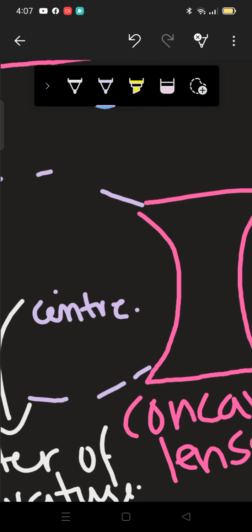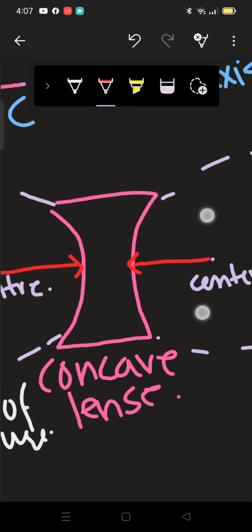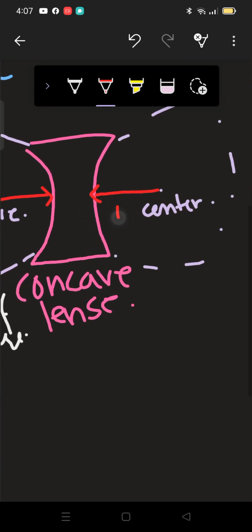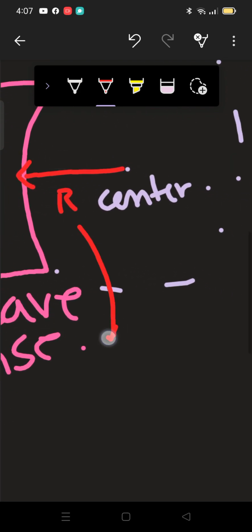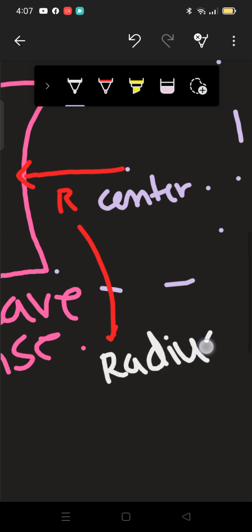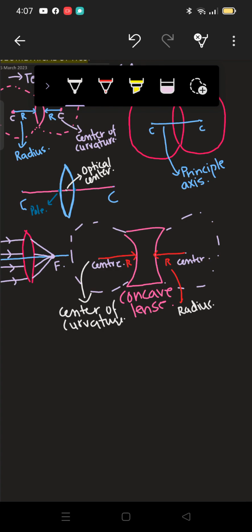As you can see here, the distance from the center of the sphere, or center of curvature, to the pole of the lens is known as the radius. So the second terminology applied on the concave lens is done as well.